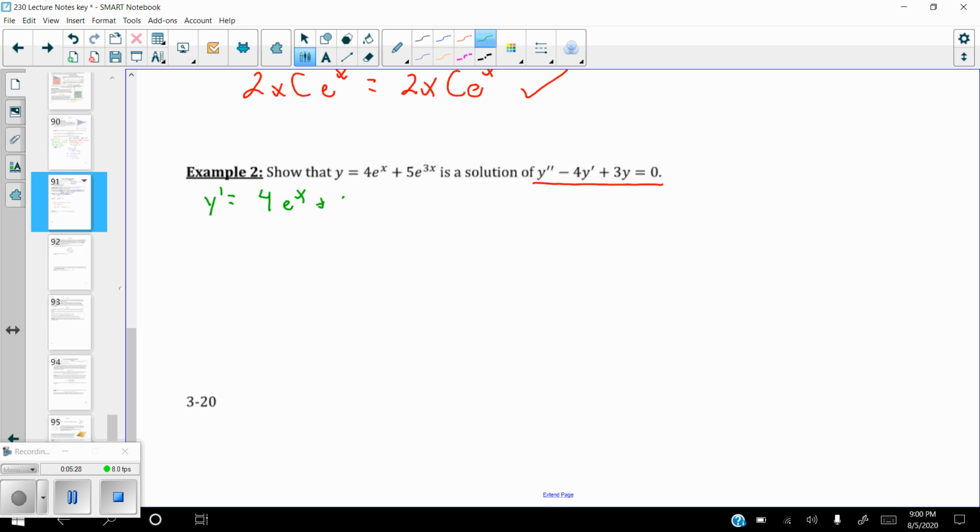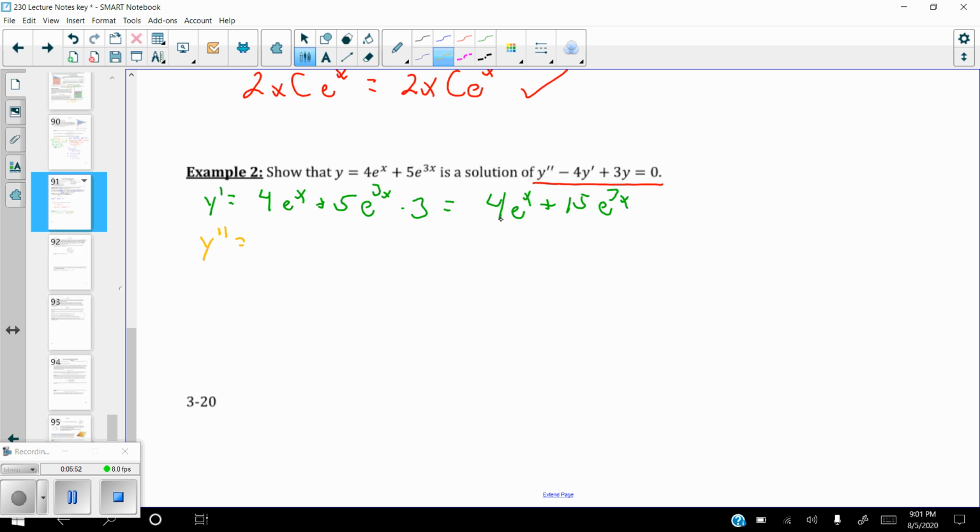It'll be plus 5e to the 3x times the derivative of 3x, which is 3. So let's simplify that. That's 4e to the x, and then 5 times 3 in the next one is 15e to the 3x. That is y prime. Now we need y double prime.